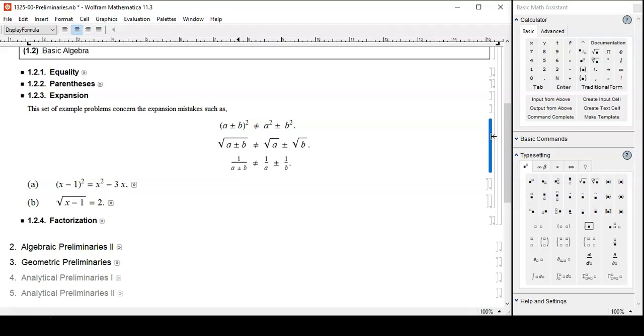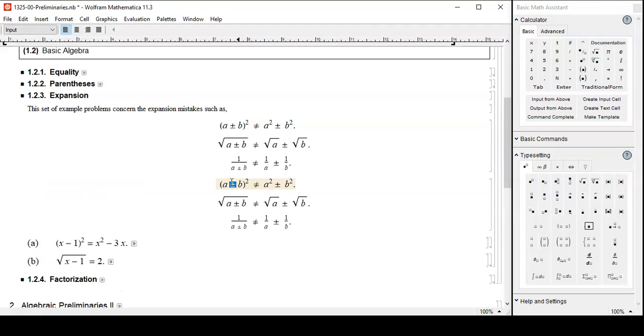I'll just mention this. If all these had been multiplication, then this is correct. If this had been multiplication, then this is right. Same thing here.